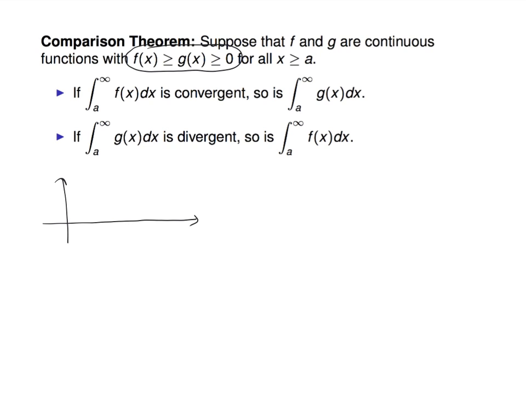So you have some function f, and some function g, and g lives past some point a. g goes crazy, but g of x is below f.